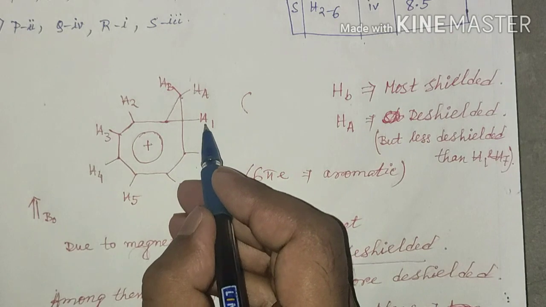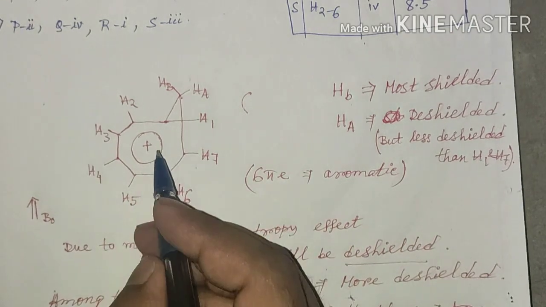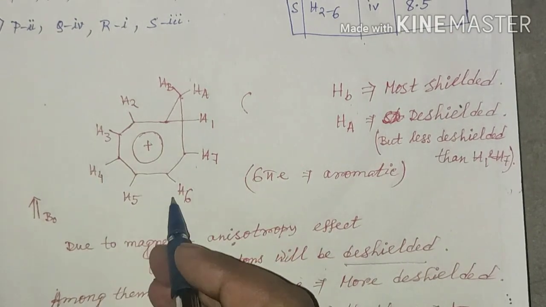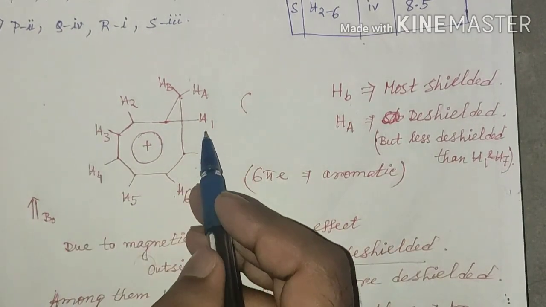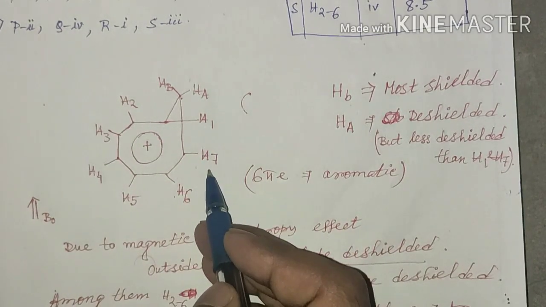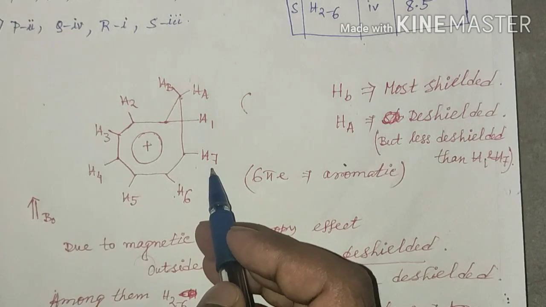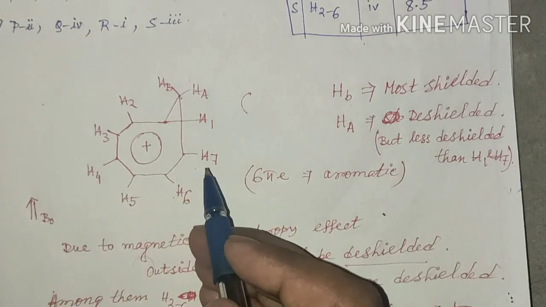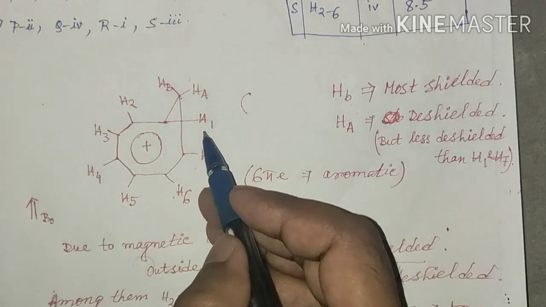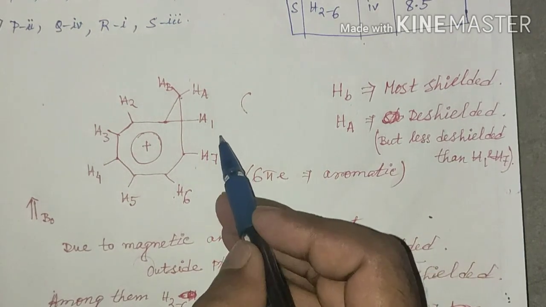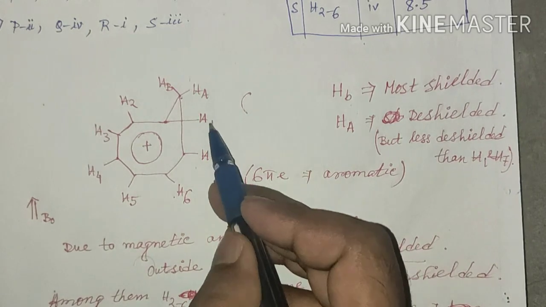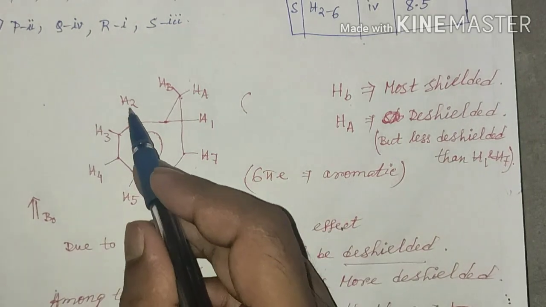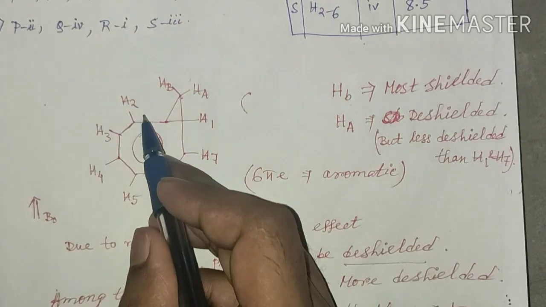Now from H1 to H7 we can see that H2 to H6 protons are in the plane, but H1 and H7 are somewhat distorted from the plane. So the magnetic anisotropic effect will be somewhat lower on these 2 protons than these 5 protons.